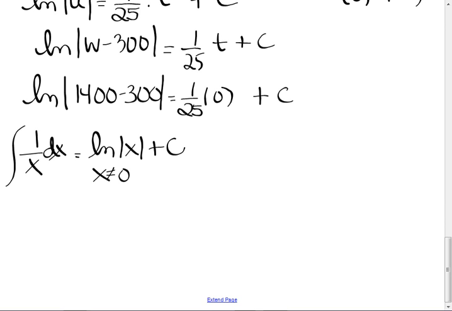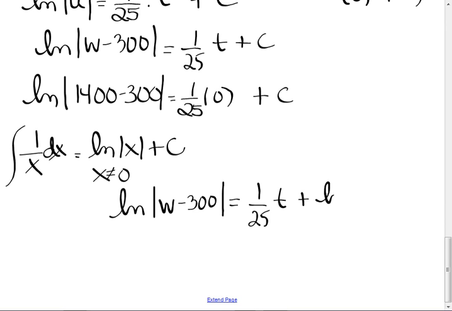So I have the log of the absolute value of w minus 300. That has not gone away yet. Equals 1/25th t plus the log of, and I can leave it 1400 minus 300 if I want. Sometimes it was 1400 minus 500, and I still get the answer 1100 from some people.